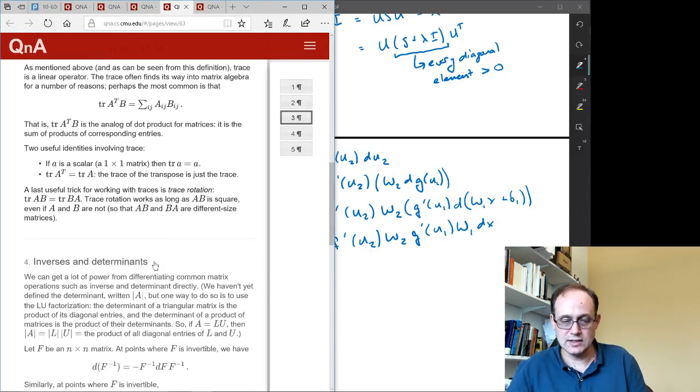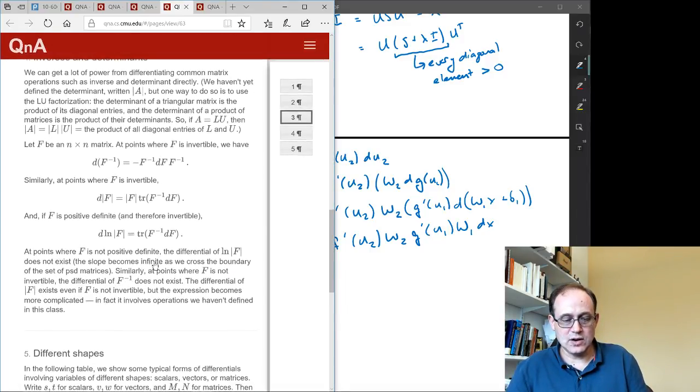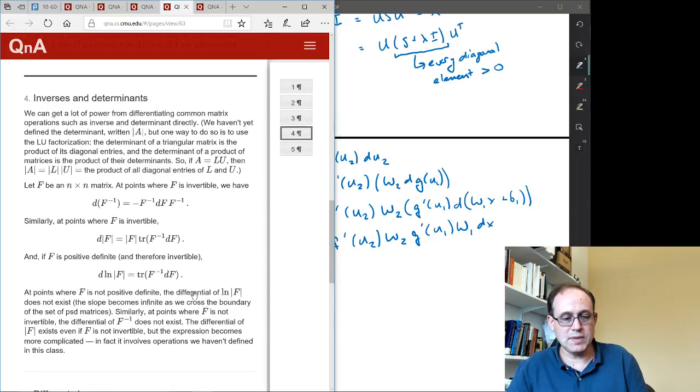All right. And then the last thing I want to mention is that matrix inverse and matrix determinant come up fairly often, and there's an identity for taking the differential of the inverse and of the determinant. So two things. What is the determinant?